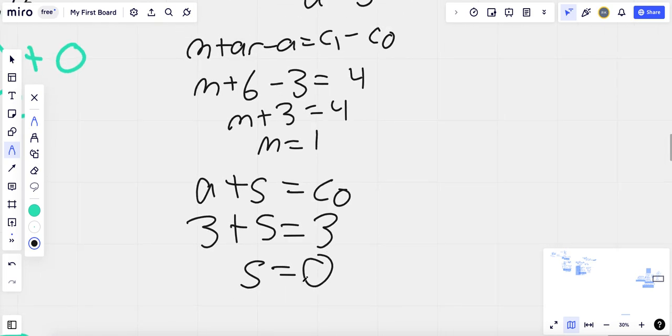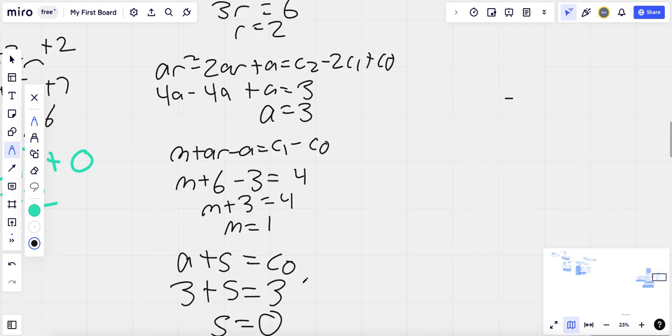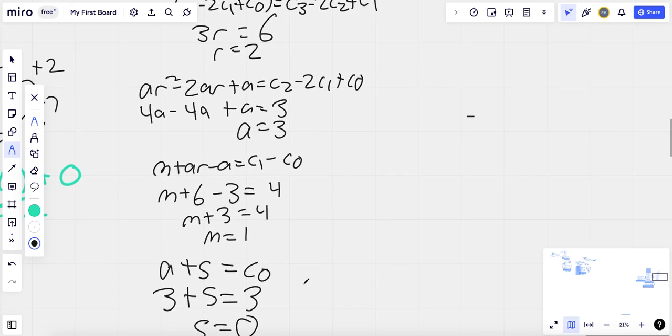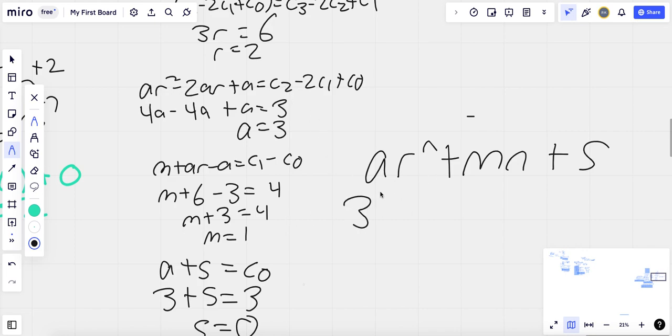So now we have our 4 variables and the values for them. So now we can just plug them into our equation, which is AR to the N plus MN plus S. So this is going to be 3 times 2 to the N plus N, and that's it.